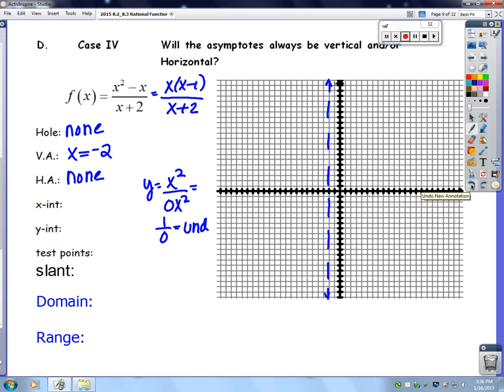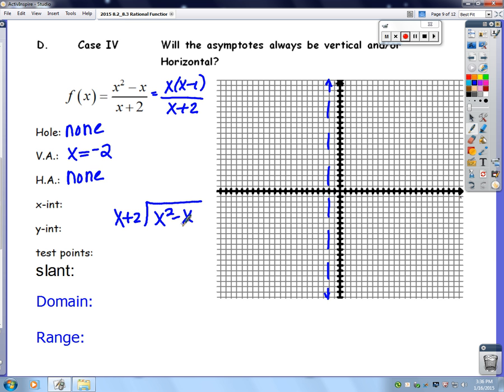Okay, so notice here that the degree of my numerator is 2 for the x squared, and the degree of my denominator for the x to the first is 1. So we're going to do long division to find my slant asymptote. We're going to have x plus 2 divided into x squared minus x.